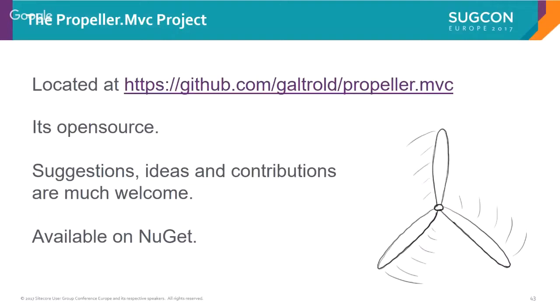It's on GitHub. It's open source. Any suggestions, ideas are very much welcome. Hopefully you find it just a little bit interesting. And of course, they're also available as NuGet packages, so it's actually quite easy to use.